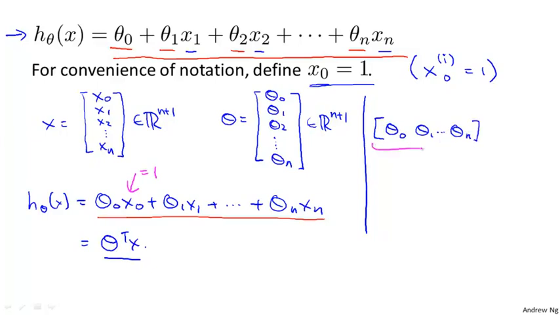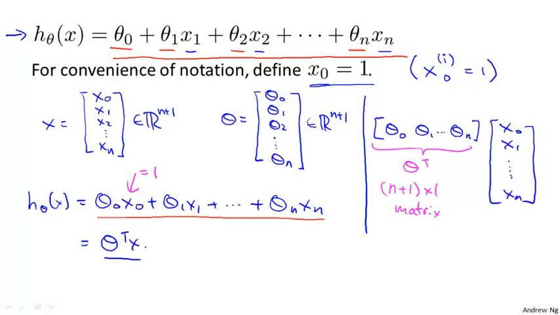So this thing here is theta transpose, and this is actually an n plus 1 by 1 matrix. It's also called a row vector. And we take that and multiply it with the vector x, which is x0, x1, and so on down to xn. And so the inner product, that is theta transpose x, is just equal to this.